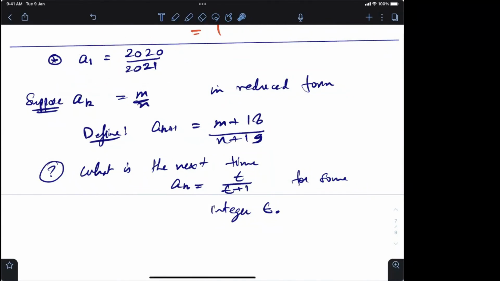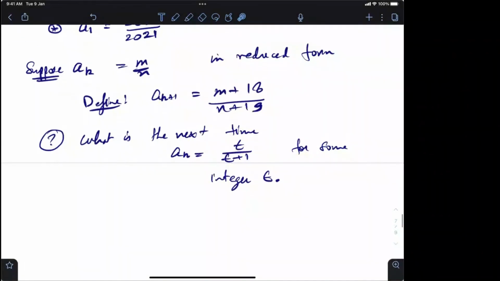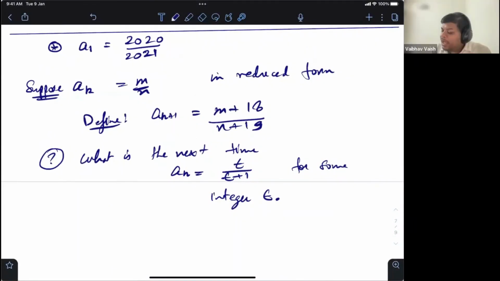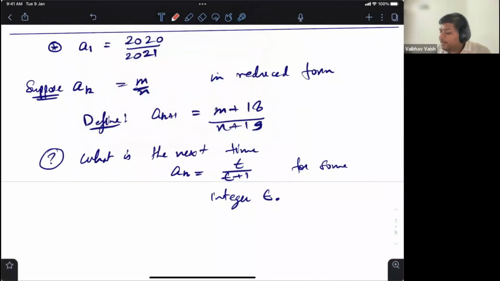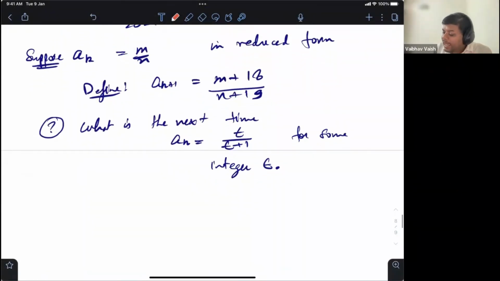Sir, we can transform it so that the value comes out. Okay, how do we transform this equation? Any suggestion? AK, sir, is (M plus 18) by (N plus 19), and this is the question: when does it become T by T plus 1?